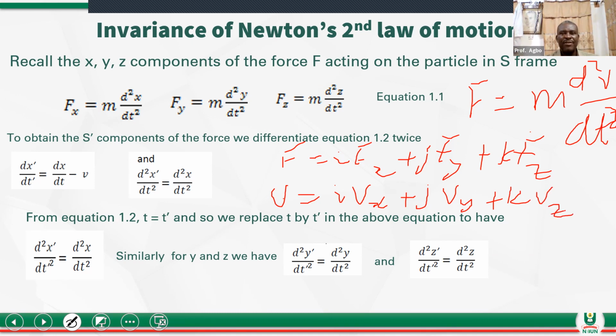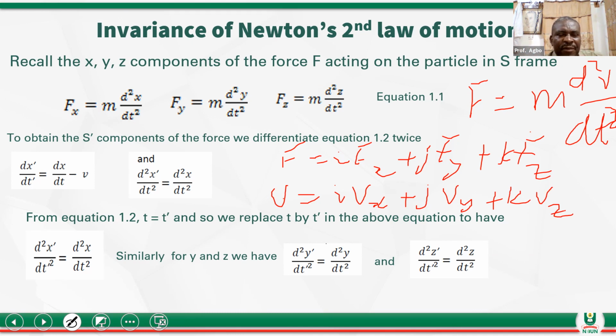Now, when we look at this, let us take component by component of the force in the unprimed frame, that is the S frame. Let us write Newton's second law of motion in the unprimed frame.